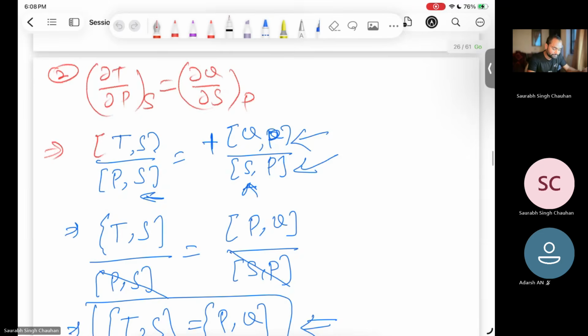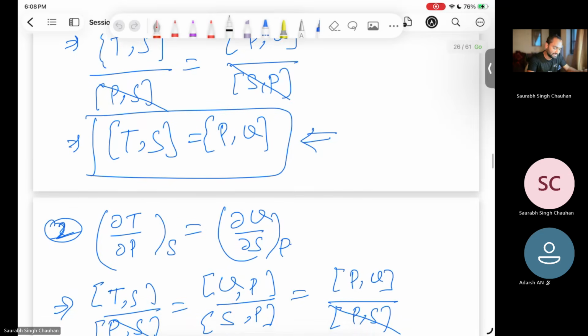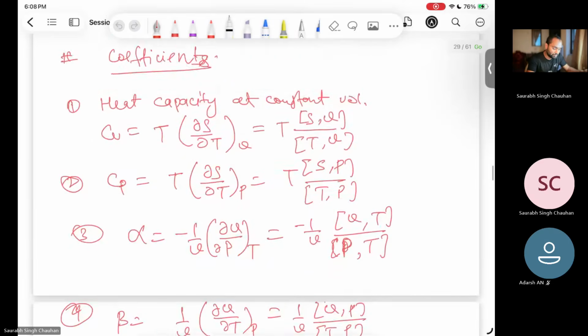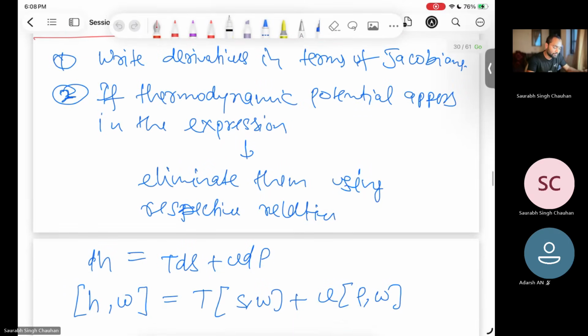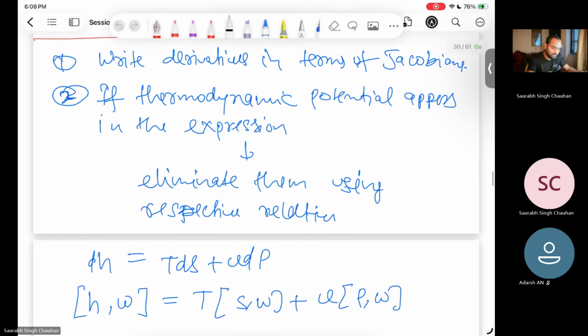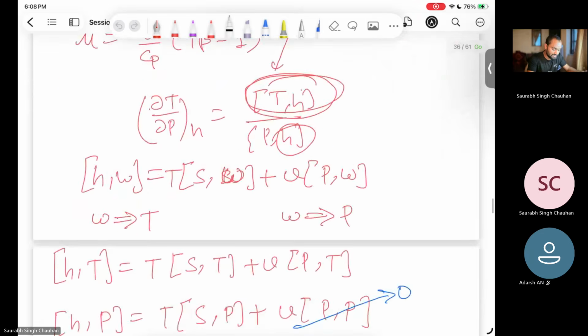Also, the four Maxwell equations are condensed to one single equation, that is, the Jacobian of T, S with respect to P, V equals one, and from that single equation all the equations can be derived. We also discussed a sort of algorithm: what should we do if we want to proceed with any question related to these properties. All that discussion we did in the last session.